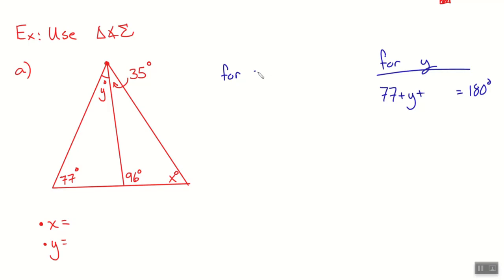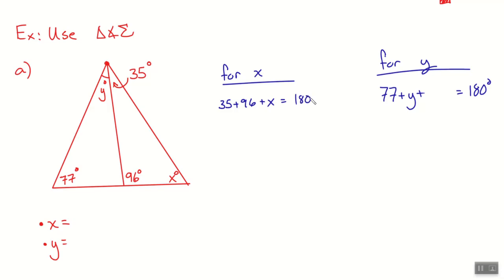If we instead did it for x, which is probably more natural to do first, is x on the right triangle or the left triangle? How many angles on the right triangle do we have labeled? Two are known, but all three are labeled, right? What do these three add up to? 180. So there's our entry: 35 plus 96 plus x equals 180.